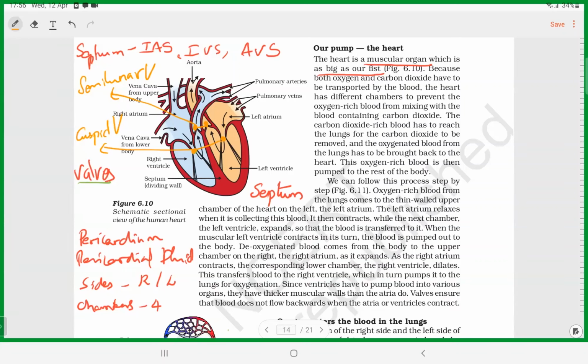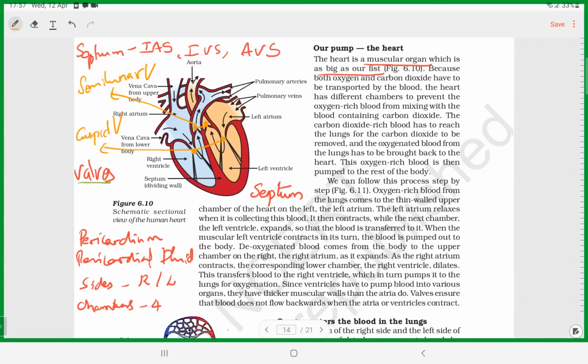It differs in the sense that from the right ventricle, deoxygenated blood collected from the body is pumped to the lungs. There a semilunar valve is present, and then from the left ventricle, oxygenated blood is pumped to the rest of the body. There, one valve is present, the semilunar valve.